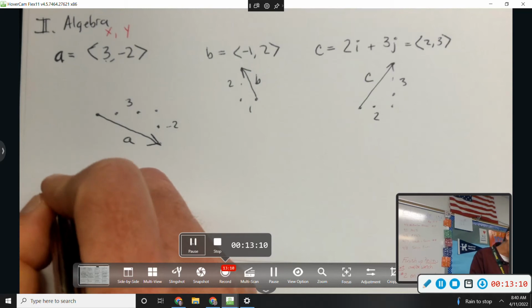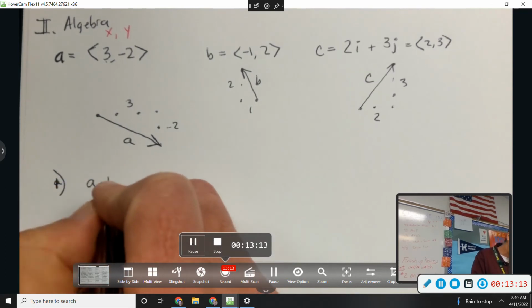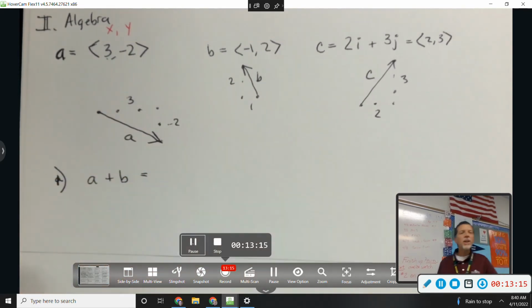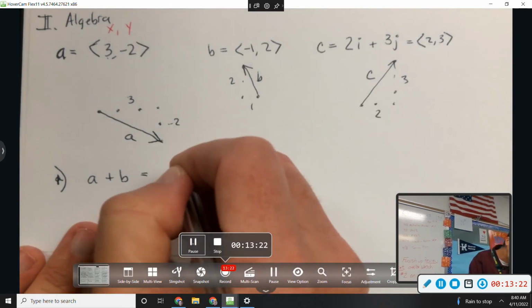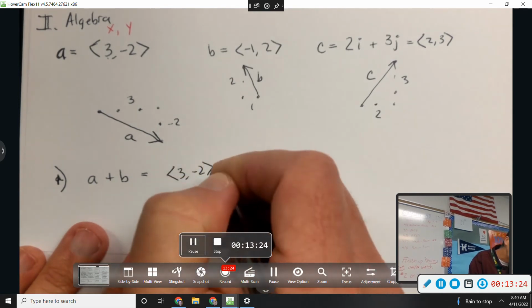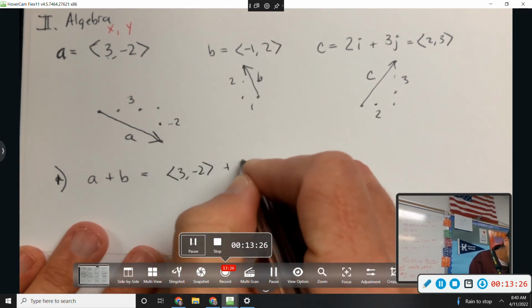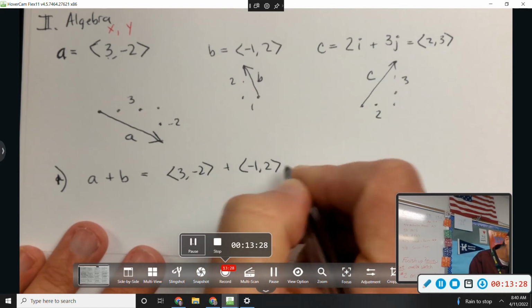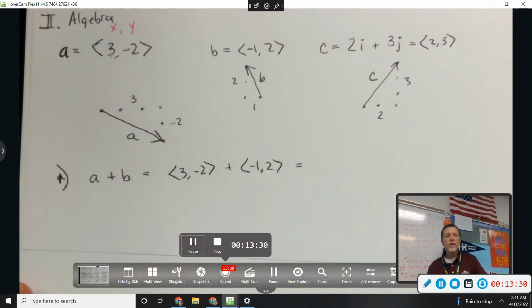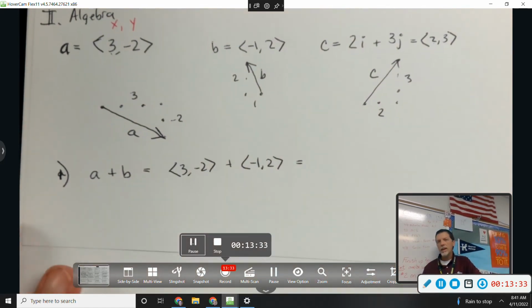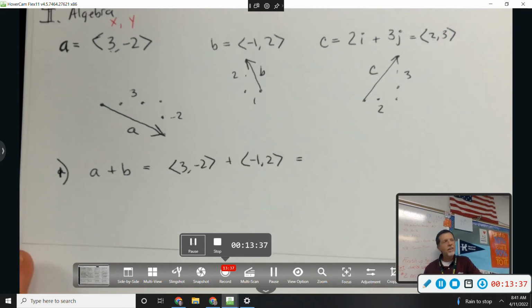The more algebra section is adding them, but not with a picture, but by their components. So A plus B, that means 3, -2, because that's A, plus -1, 2, that's B. And this is part of why we include it with the matrix stuff. Part of it is they're both really easy, so it's an easy thing to combine and make one unit out of.